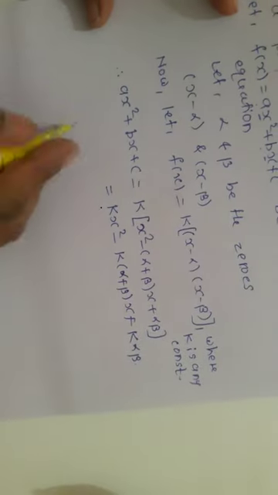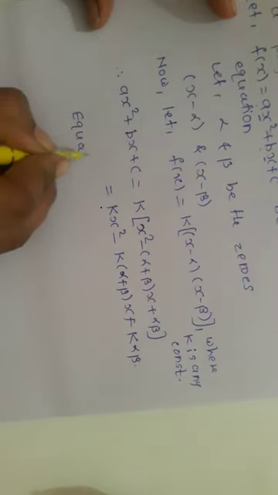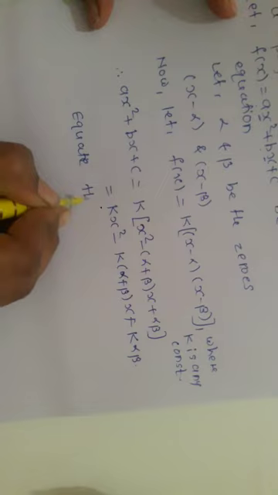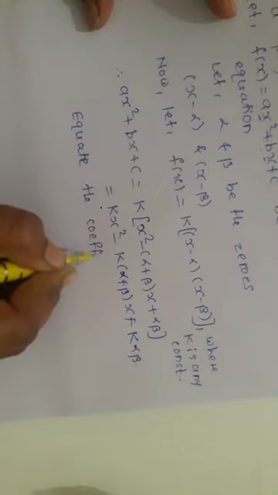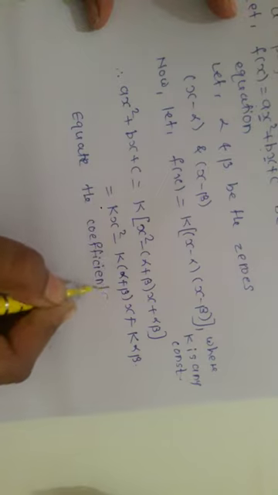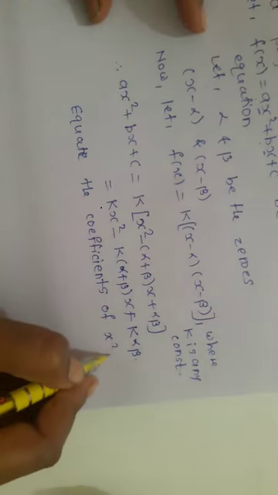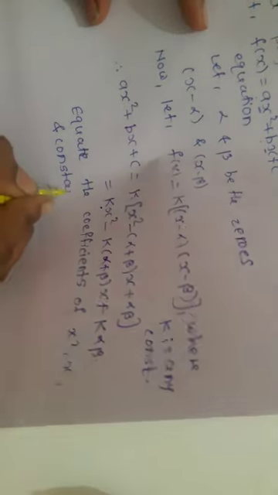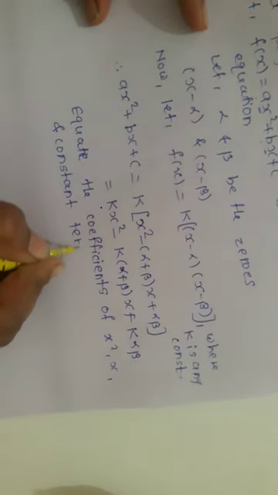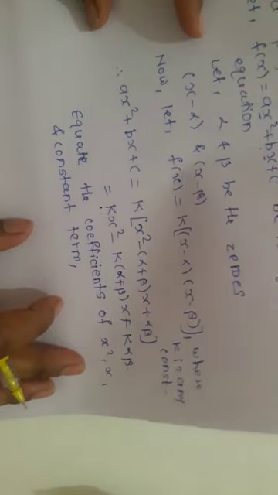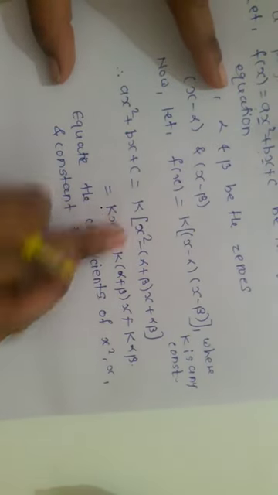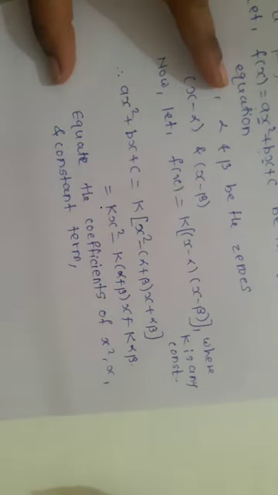Now equate the coefficients of x square, x and the constant term on both sides.